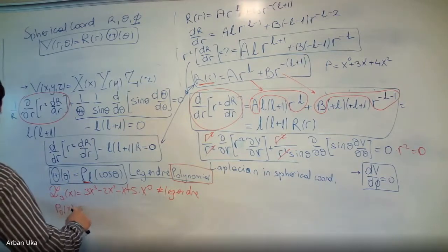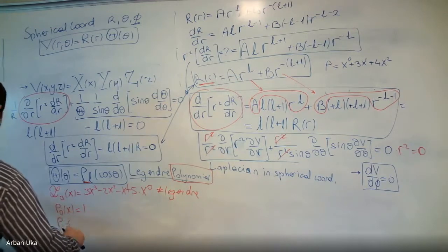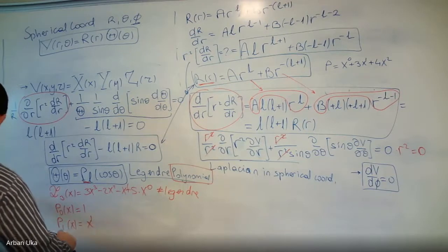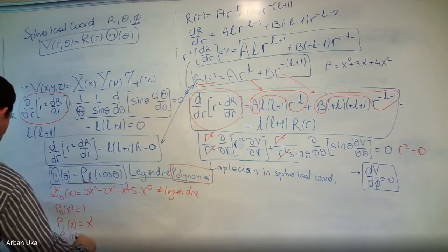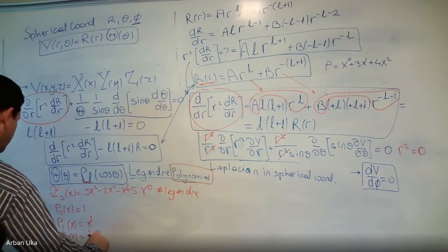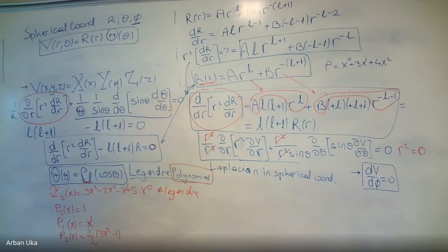This is equal to 1. A polynomial of the first order is equal to x to the power 1. A polynomial of second order in x is equal to 1 over 2, 3x squared minus 1.